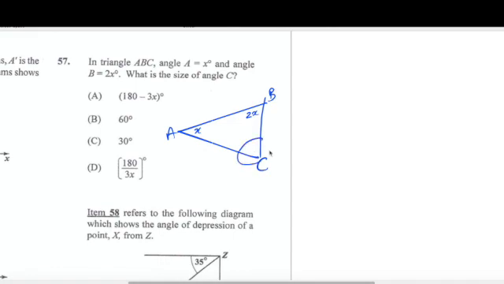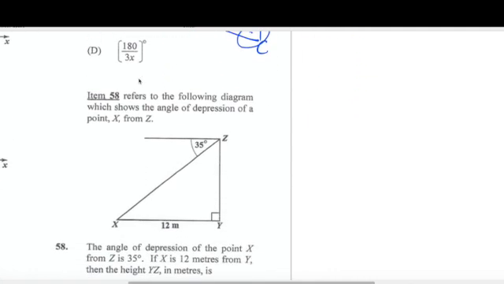So angle C, remember all of the angles in a triangle add up to 180 degrees. So it'll be 180 minus whatever this is. So this is 3x. So 180 minus 3x is A.